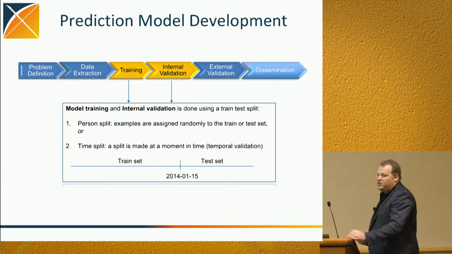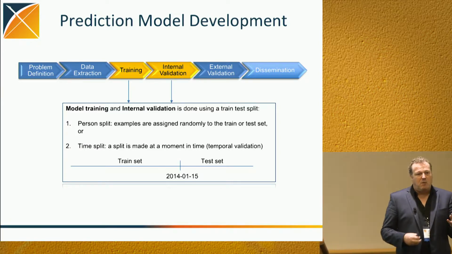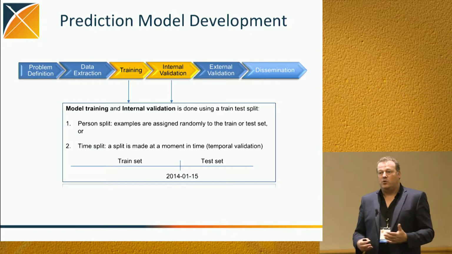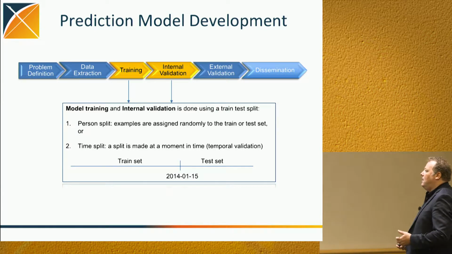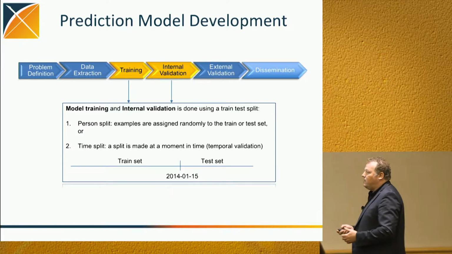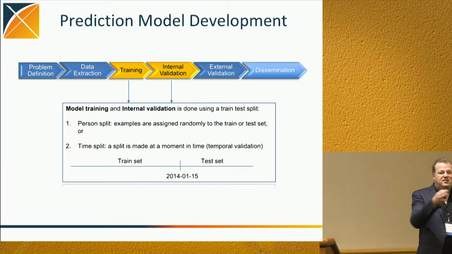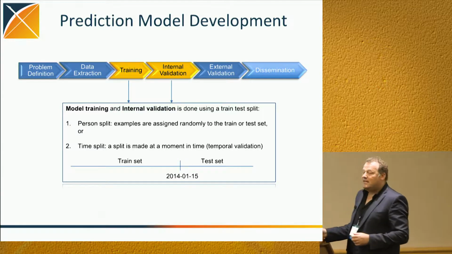Training and internal validation is, of course, crucial. We need to have data to build our model on, but also to internally validate that model. So we normally split the data in the train set and then test set. And that can be done in the current framework in two ways. Either person split, so a person is randomly assigned to the train set and randomly assigned to the test set.